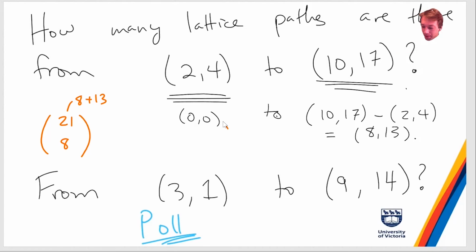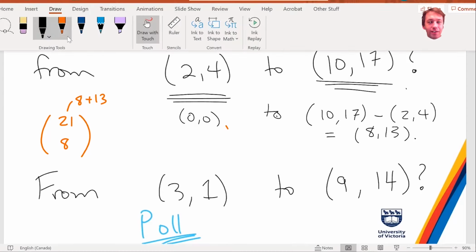So this is kind of math by democracy, right? Well, not really, because if the majority voted for the wrong thing, I would tell you that. But the people are right on this one. It's 19 choose 6.